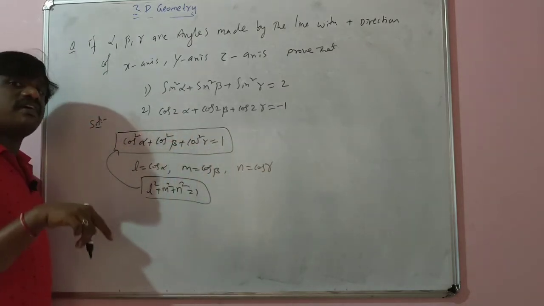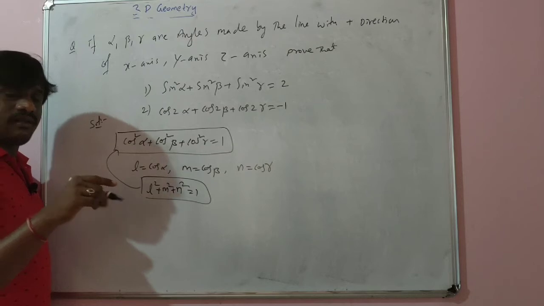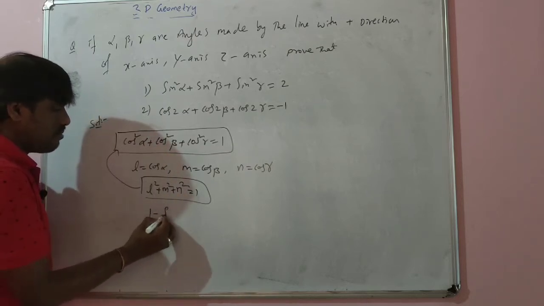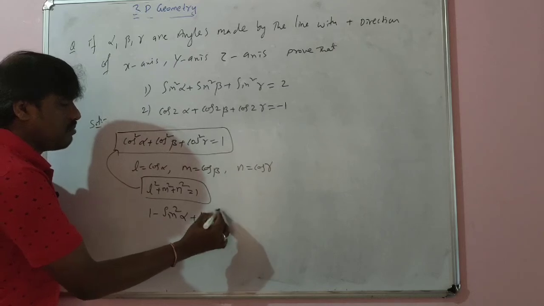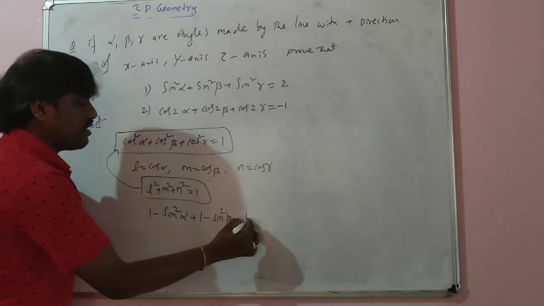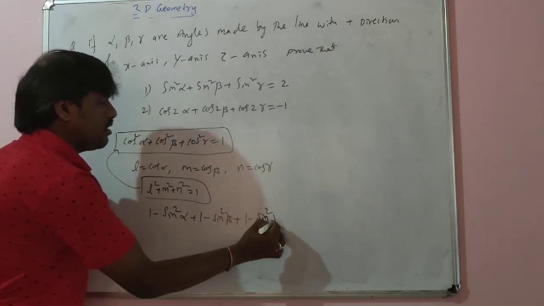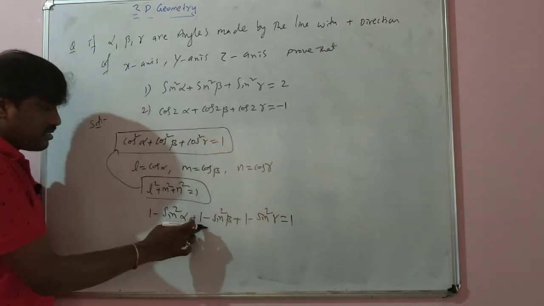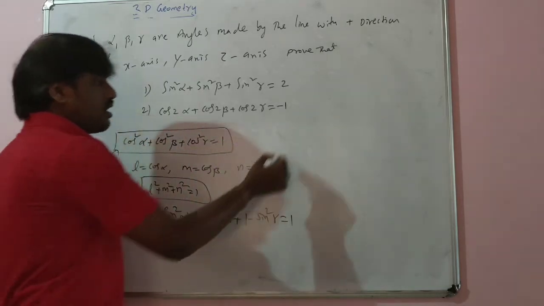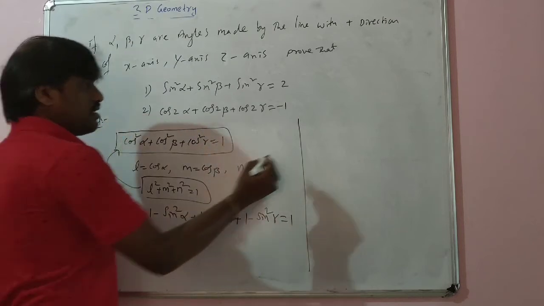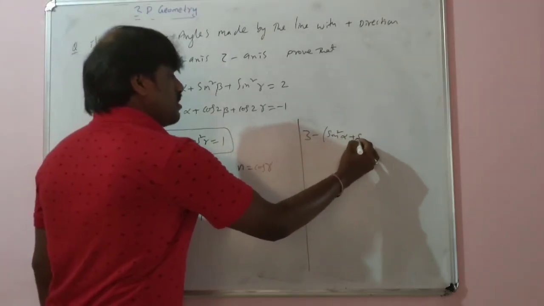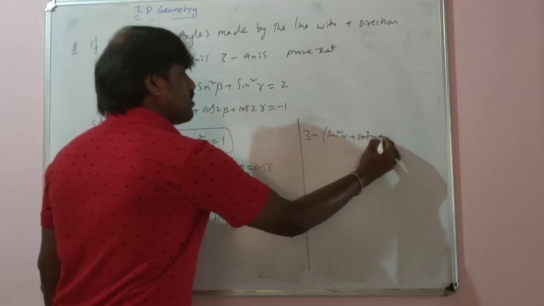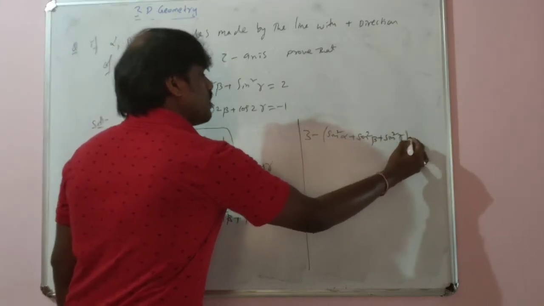So cos square alpha can be written as 1 minus sin square alpha. So I can write 1 minus sin square alpha plus 1 minus sin square beta plus 1 minus sin square gamma is equal to 1. So 1 plus 1 plus 1 is 3. I can take minus common out: 3 minus of sin square alpha plus sin square beta plus sin square gamma is equal to 1.